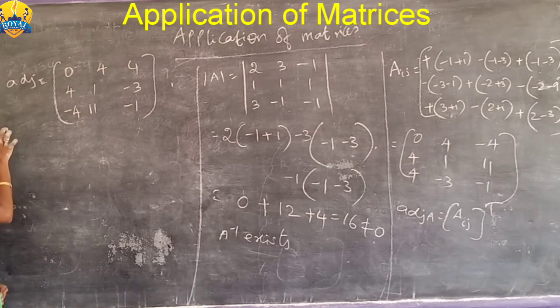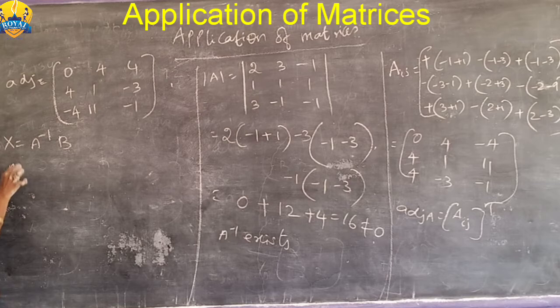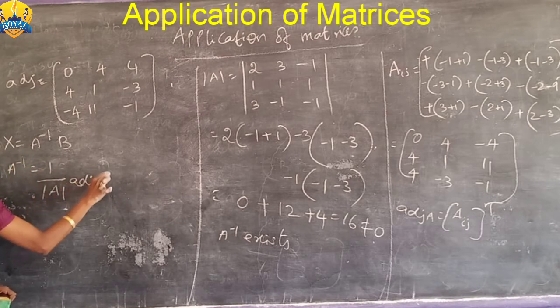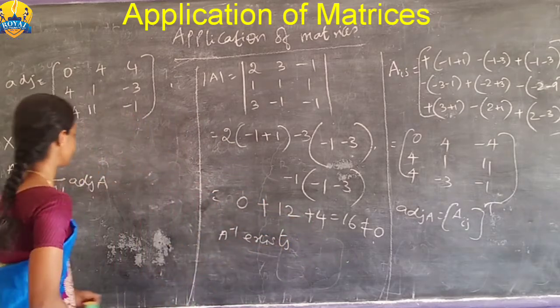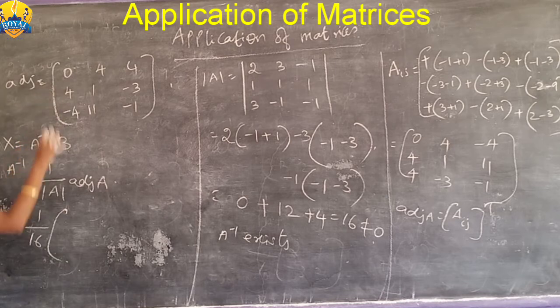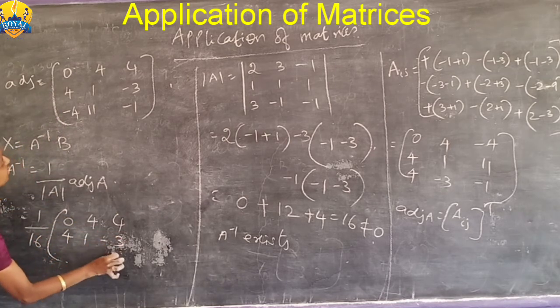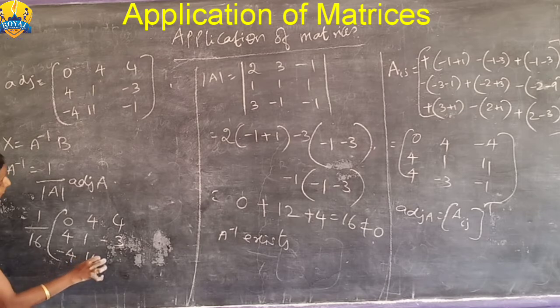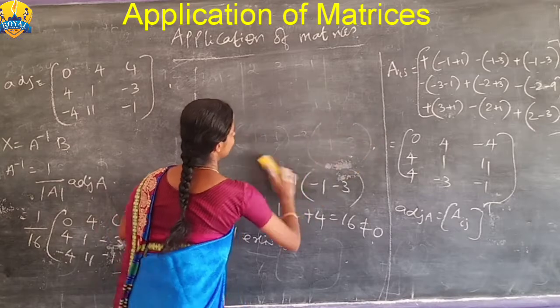Now let me find the unknown values. X is equal to A inverse B. Now what is my A inverse? 1 by determinant of A into adj. Now what is my determinant value? 16. So 1 by 16 here adjoint A: 0, 4, 4, 4, 1, minus 3, minus 4, 11, minus 1. Now let me proceed finding the values of x, y and z.